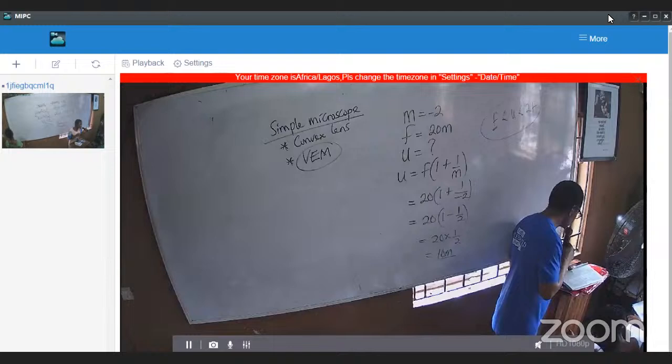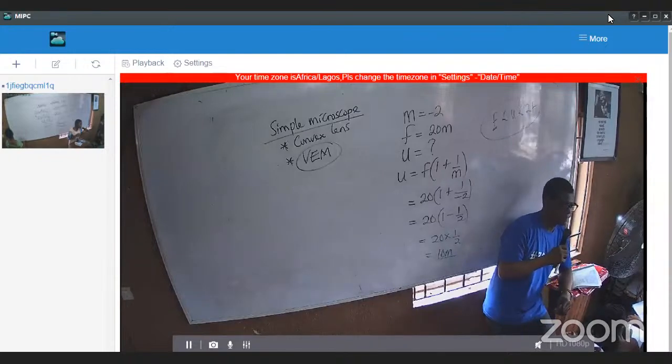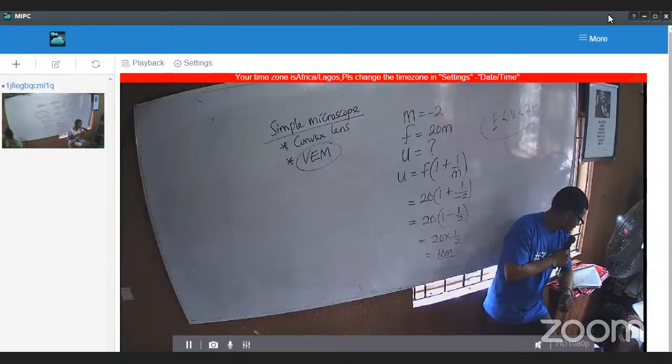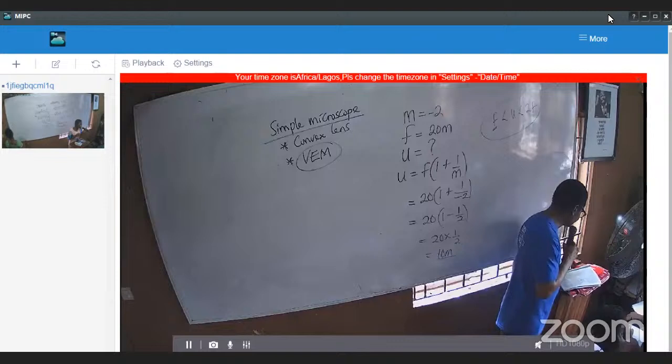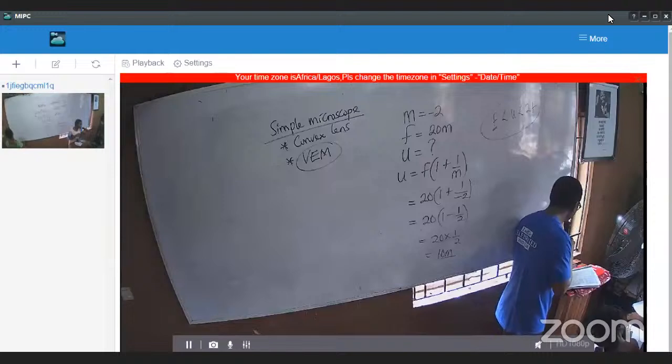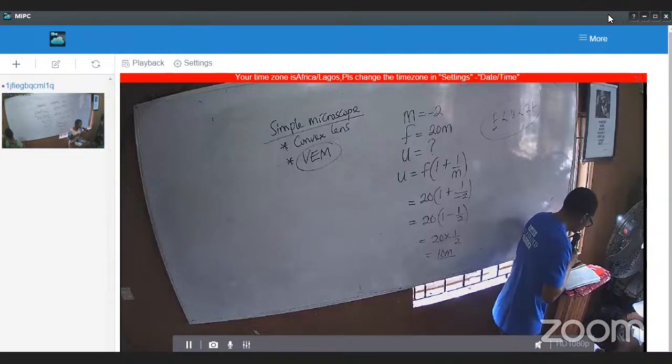Number 10. When an astronomical telescope is in normal adjustment, the focal length of the objective lens is 50 centimeters, and that of the eyepiece is 2.5 centimeters.